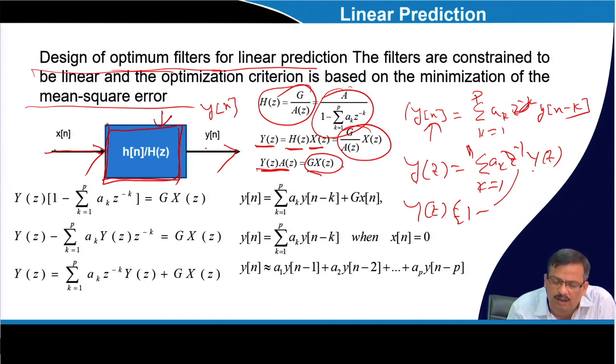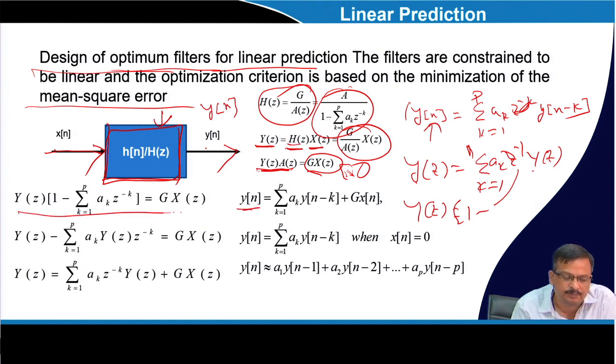Let us say there is no input. Then I can say Y z A z is equal to 0, where A z is 1 minus the sum over k. So, I put the value of H z in here. Then I get this one, this is the y n.